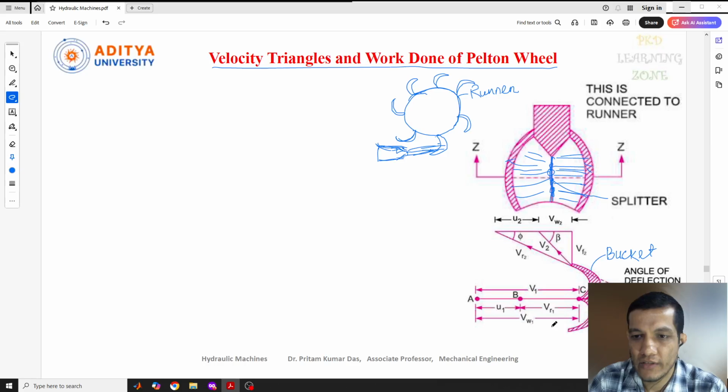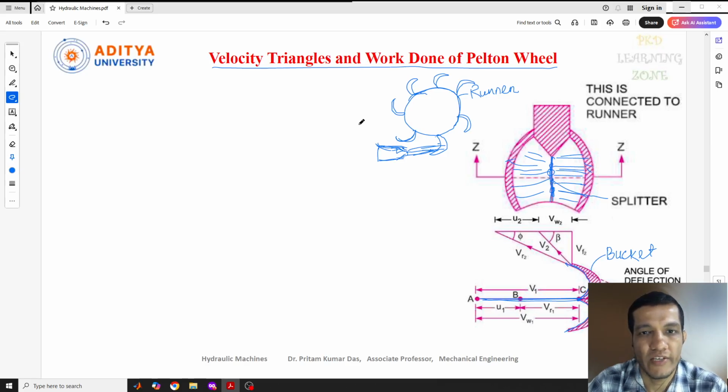The same diagram is taken here: this is the impact of the jet on the bucket, which strikes the splitter, and after that the water goes like this and comes out of the bucket. This is the outlet, and here we'll derive the velocity triangles for this.